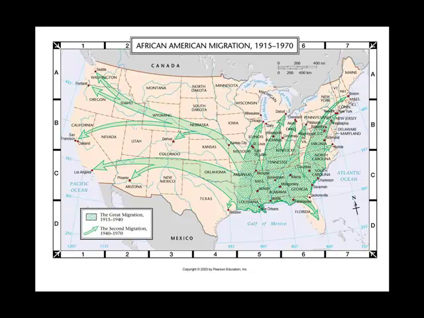So from 1915 to 1930, the patterns are essentially what you saw on the previous map. And then the second migration, which they consider from 1940 to 1970, is the one that is taking blacks out of, let's say, Arkansas or Louisiana, all the way to the West Coast, to Seattle, to Portland, all the way down into Oakland and to Los Angeles.